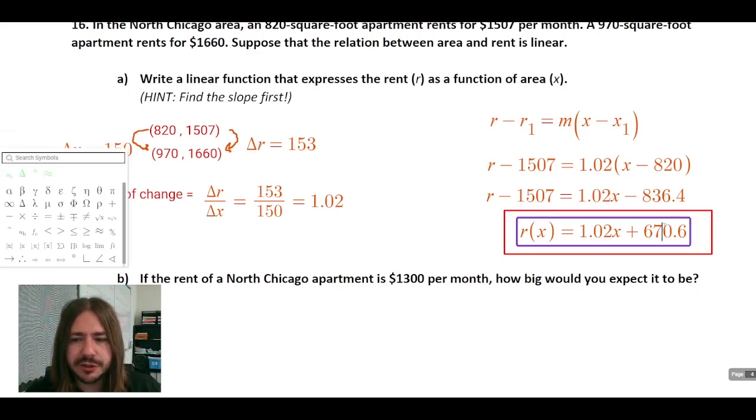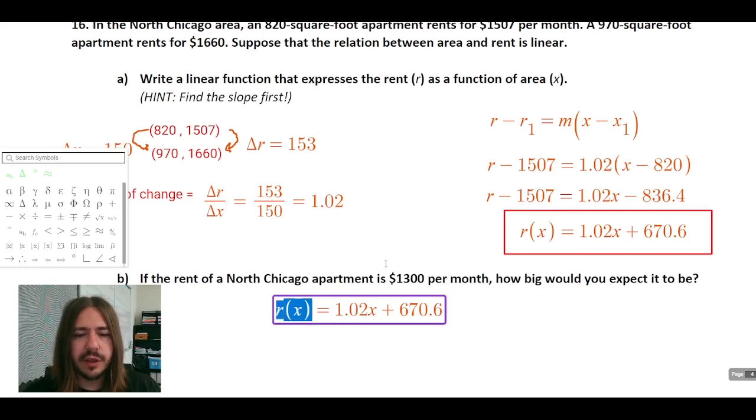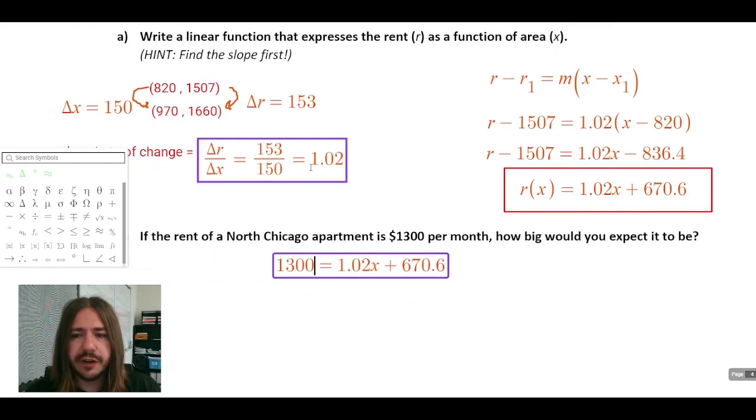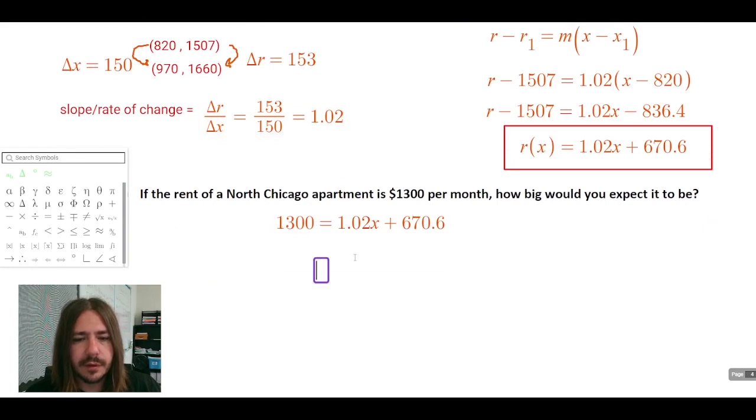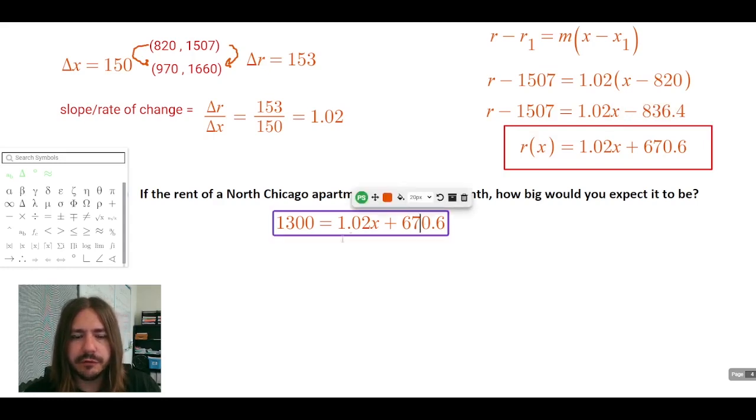So we're going to take this function that we just created, and we're going to substitute the rent part of it with 1,300, and we're going to solve for x here. So first we'll subtract 1,300 minus 670.6, which is 629.4.